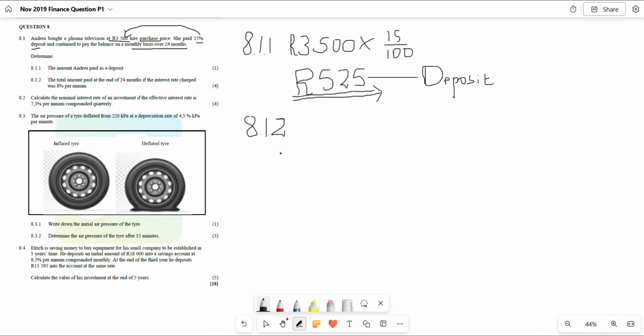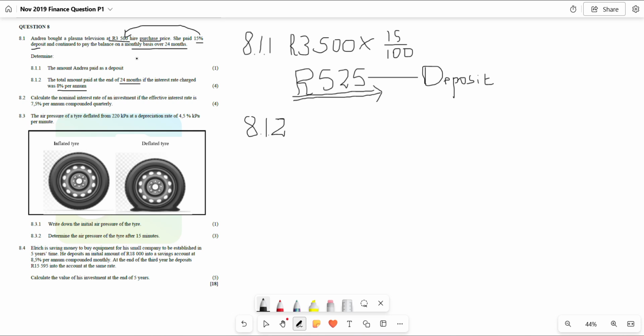Then we are still moving on. In 8.1.2, we are required to determine the total amount paid at the end of 24 months if the interest rate charged on this hire purchase agreement is 8% per annum.